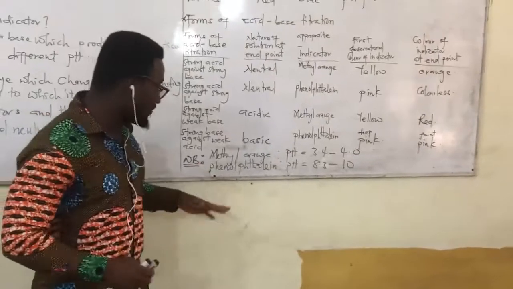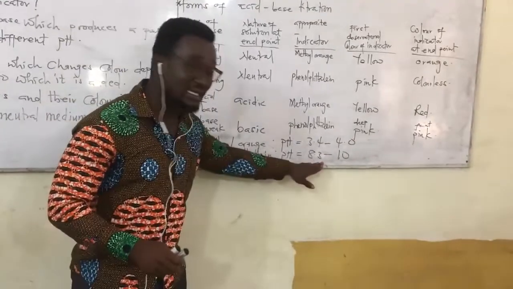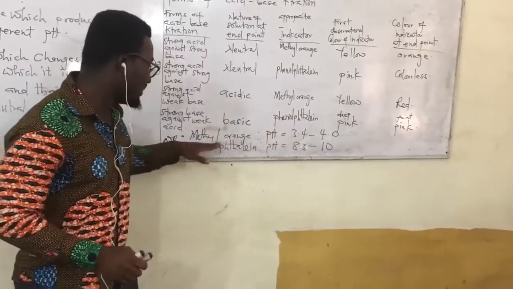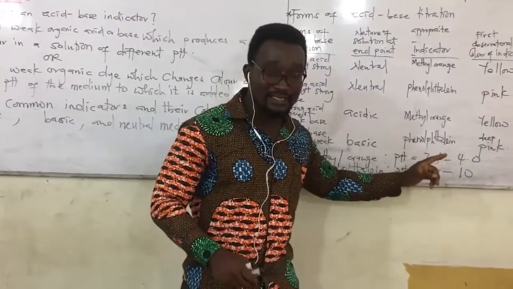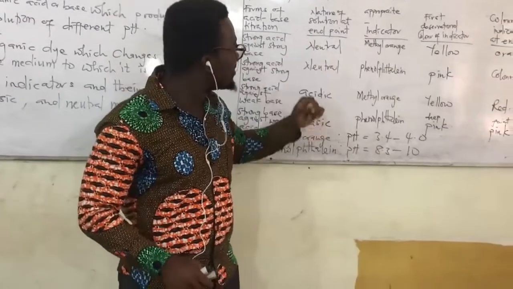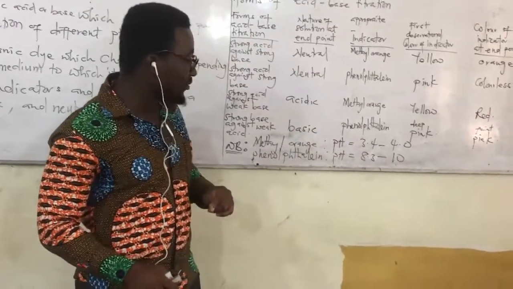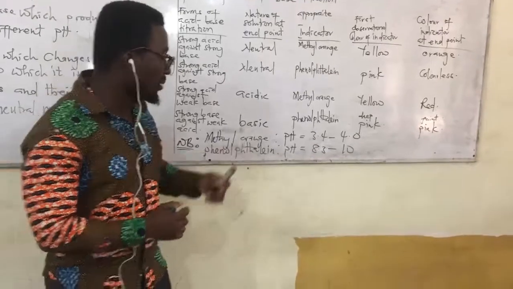So you realize that, or you will now agree with me that phenolphthalein is basic in nature, and then that of methyl orange is what? Acidic in nature. Therefore, methyl orange works best, or appropriate, in what? In acidic medium.